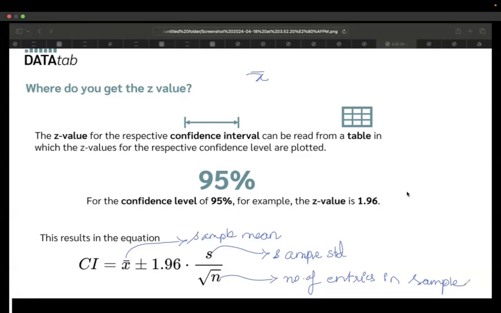Okay. When we are talking about a range, we are going to make the claim that my statistical parameter is going to fall within that range.